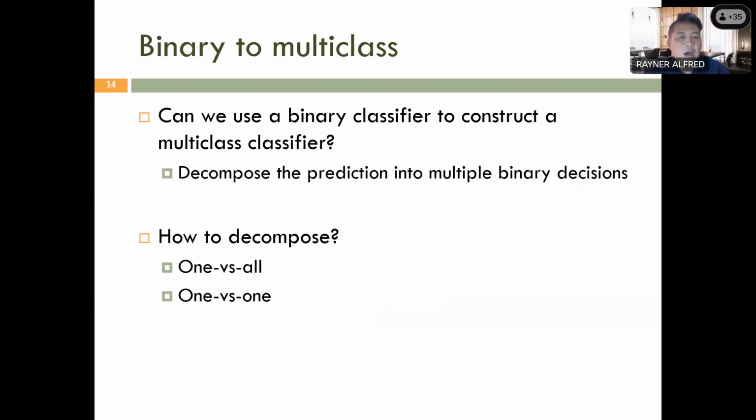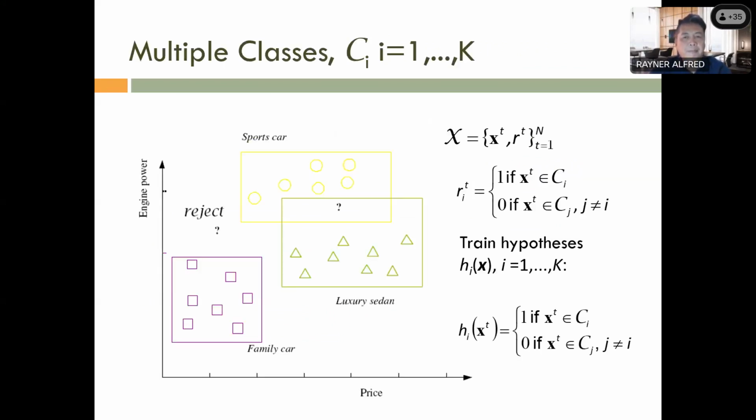Okay, so how do we perform this? We have two methods. One is called one versus all, and the other one is one versus one. Okay, so if we look at this diagram, over here we have three classes, right? So the label here will depend on whether they belong to each one of the classes here.